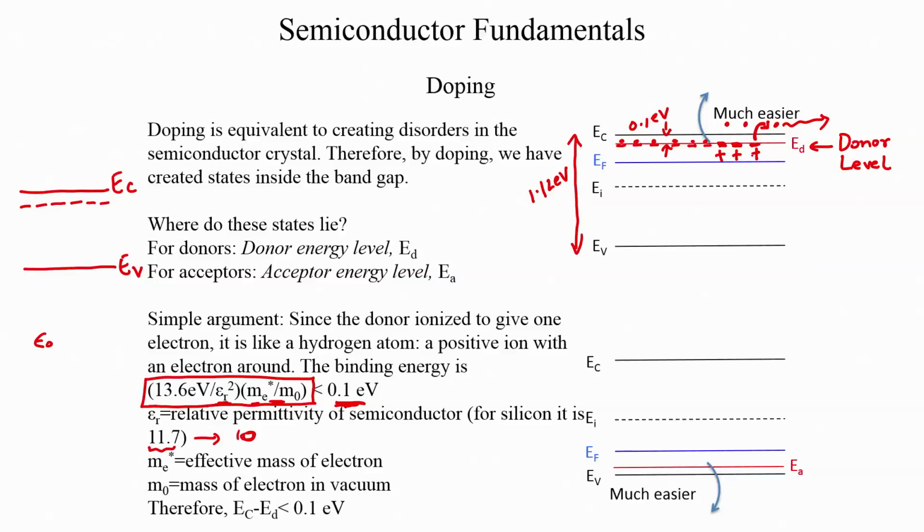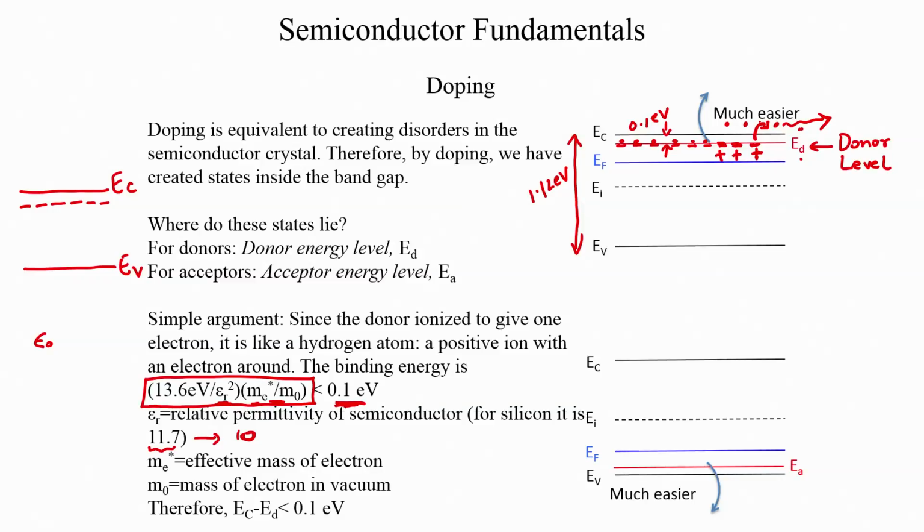So the addition of the donor has increased the free electron count in the conduction band, and the donor has become positively charged because of getting ionized. And since the donor level is located so close to the conduction band edge, it really does not take too much temperature to activate these electrons, to ionize these donors.